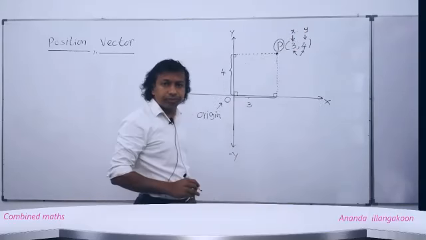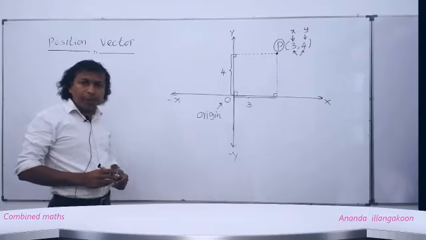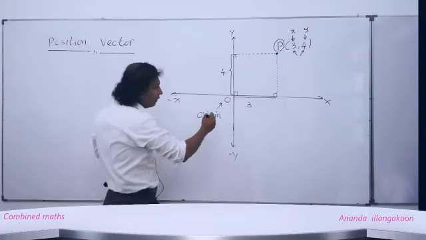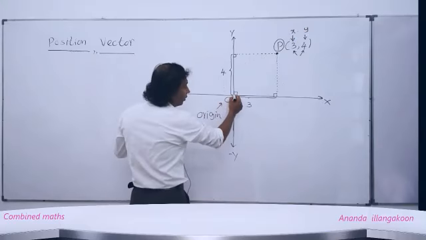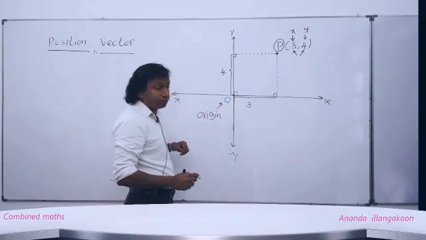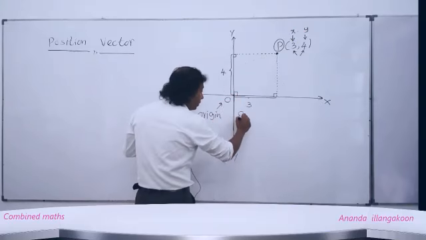Right. Now, suppose a person is at the point O. The person is at the point O here.